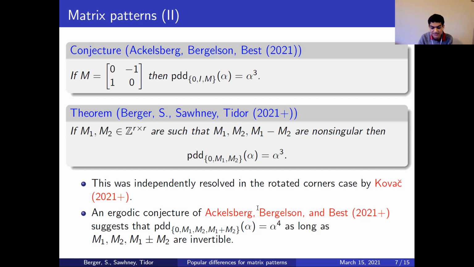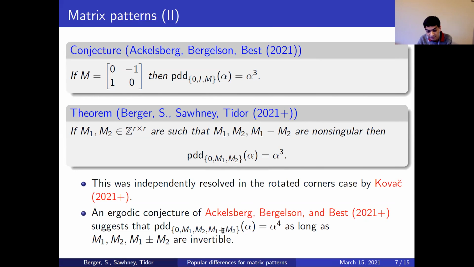So with regards to this conjecture, you might ask, why these 4 things? The reason has to do with this result of Green and Tao that we briefly mentioned earlier, where if you have a linear pattern of the form 0, A, B, A plus B, then you get alpha to the fourth.